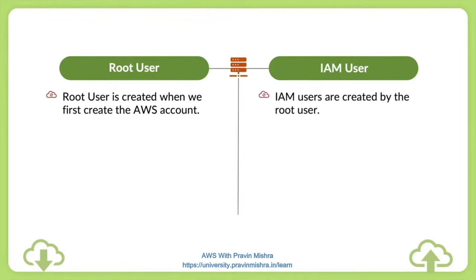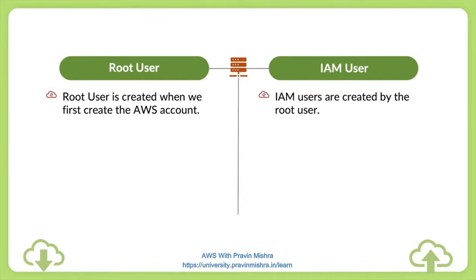An IAM user has limited access to resources and services based on the permissions you assign to them. This allows for more control and secured management of your AWS environment. We will deep dive into IAM users in later sections.